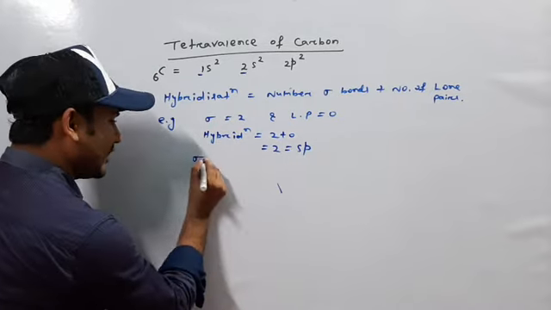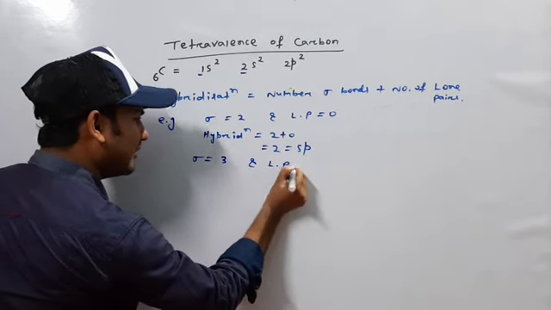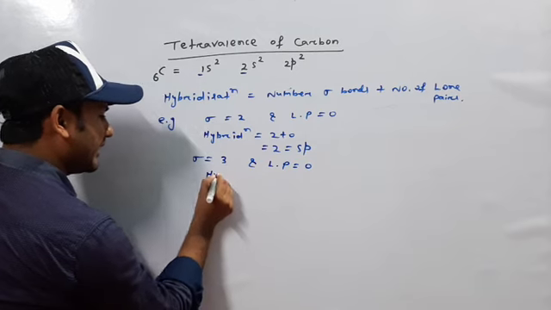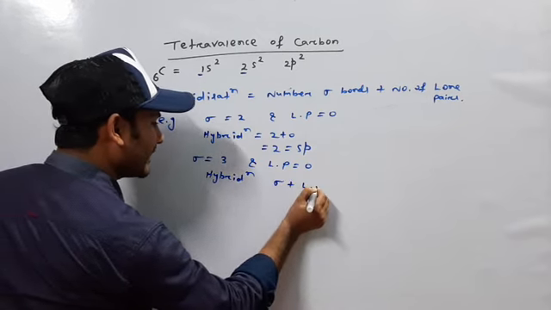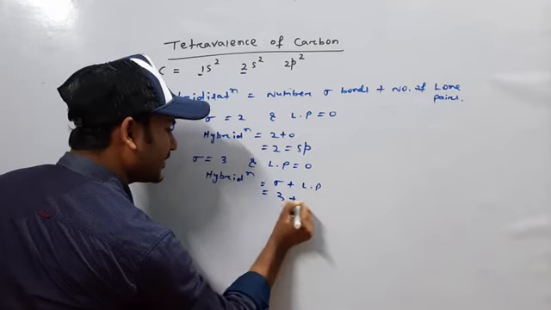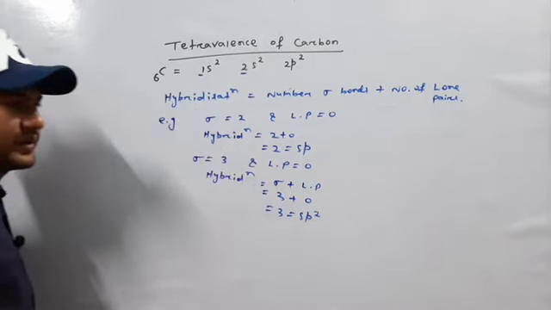If the number of sigma bonds is 3 and lone pairs is 0, then hybridization equals 3 plus 0, equal to sp2.